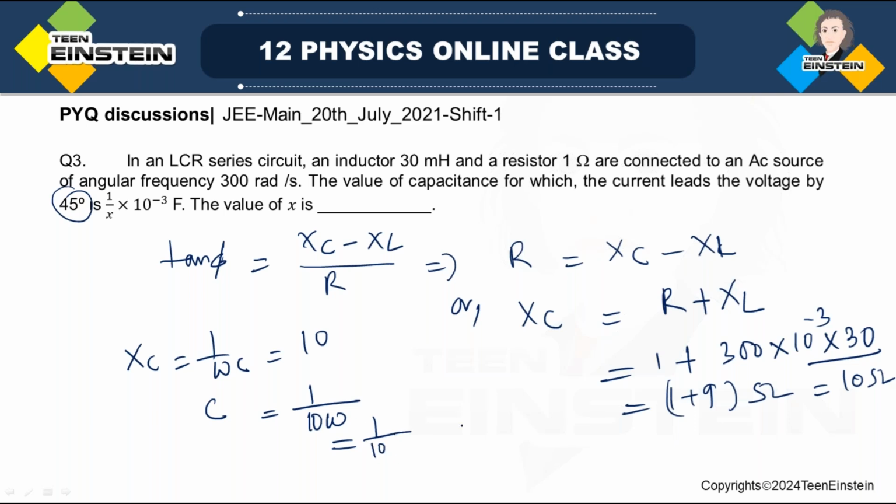This is 10, and omega is 300 rad per second. So we can write 1 over 3 into 10 to the power minus 3. If I compare with this, x will be equal to 3. So this is the answer for this question: it is 3.